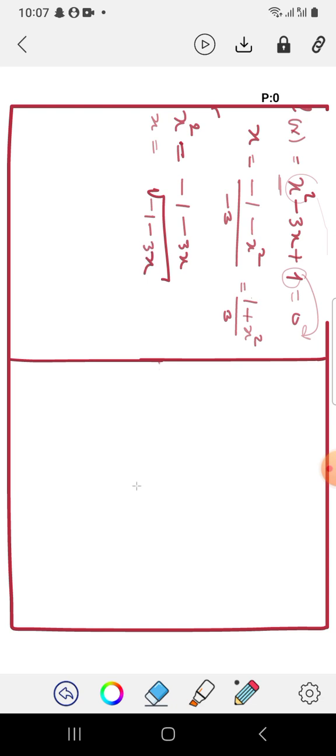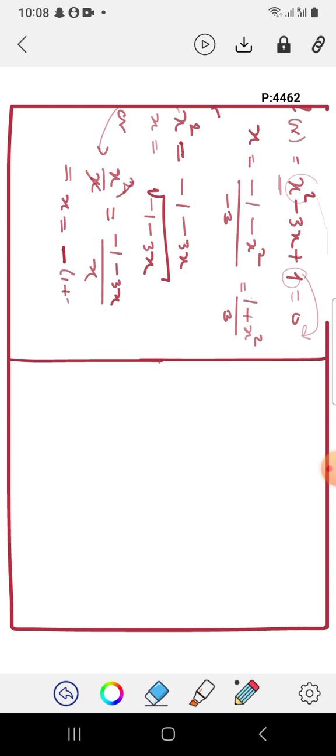That's another one. And the third one is, why don't we even go crazier and say, still based on this, x squared over x equals minus 1 minus 3x over x. So we now have x equals minus 1 minus 3x over x. We can have that as well.